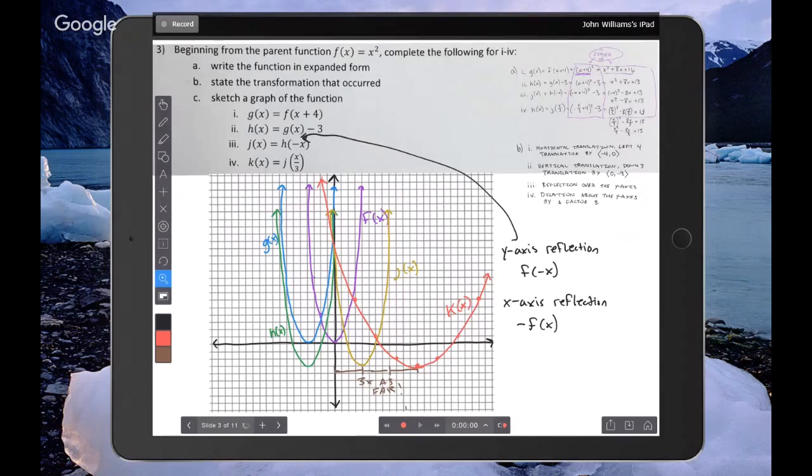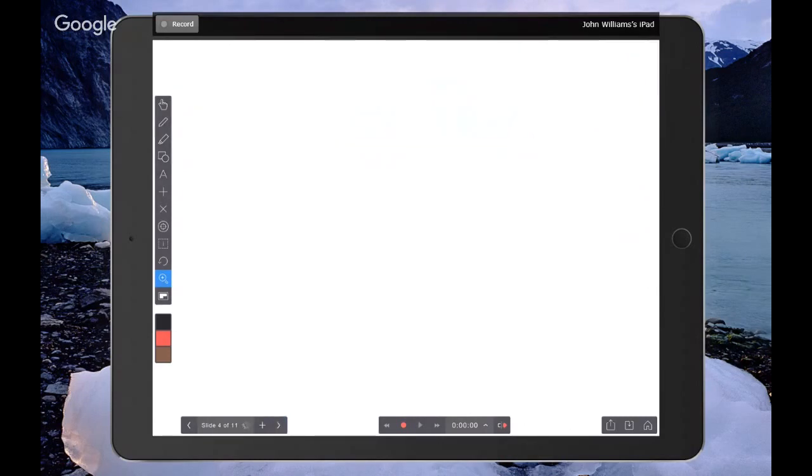Number 4. We had that graph from the book. Let me grab it.